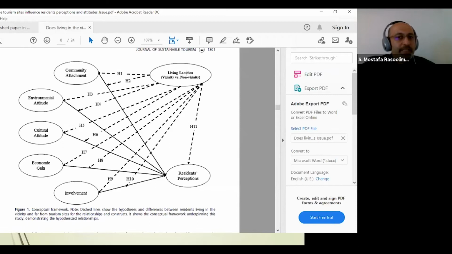In this paper, we try to compare the effect of antecedents on perception between people living in the vicinity of a heritage tourism site and people living far from the heritage site, right? So we compare the effect of IV on DV between these two groups.